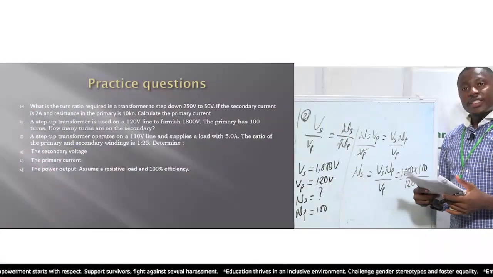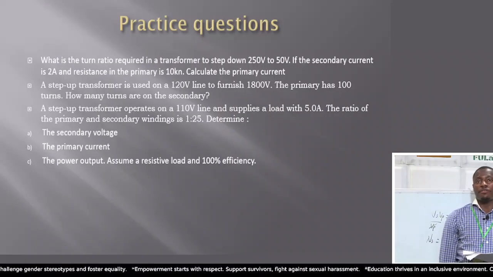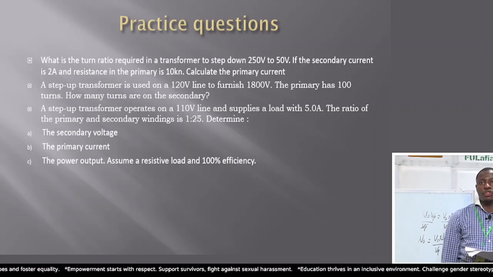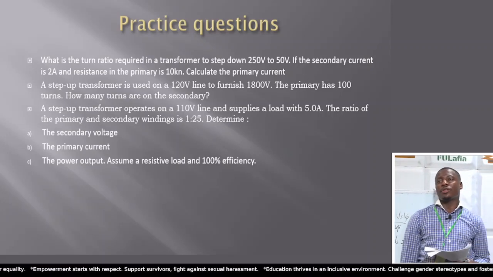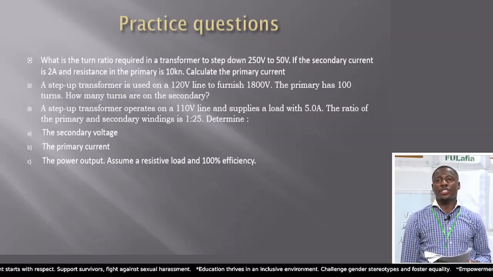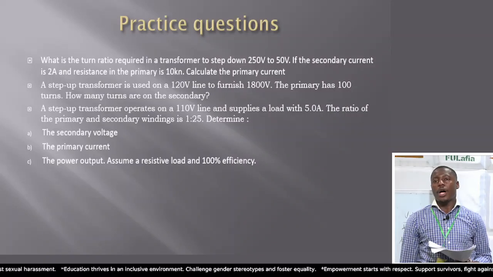Now the third example says, a step-up transformer operates on a 110 volt line and supplies a load of 5.0 amps. The ratio of the primary to the secondary is 1:25. Determine the secondary voltage, the primary current, and the power output.